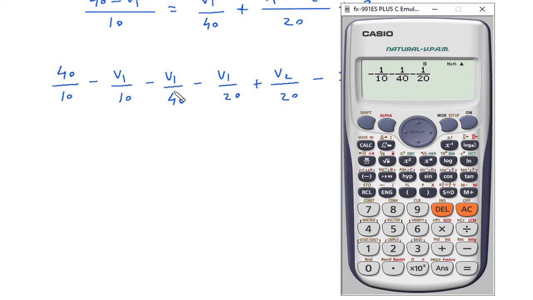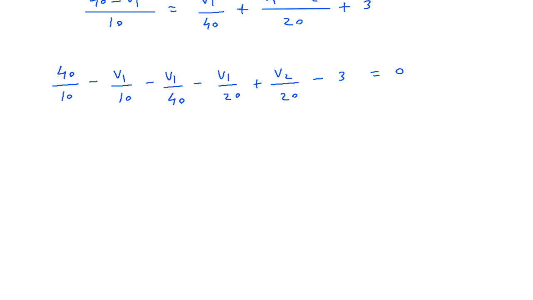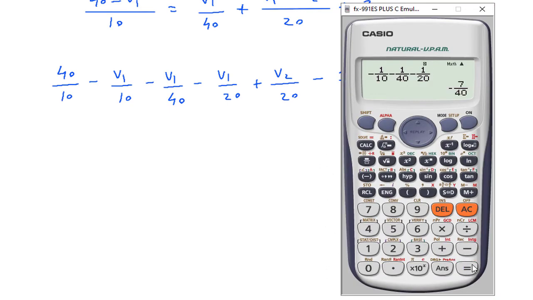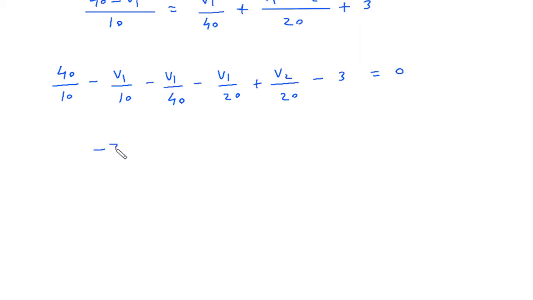Only minus 1 by 10 minus 1 by 40 minus 1 by 20, this will be minus 7 by 40. Minus 7 by 40 V1, and 4 minus 3 will be plus 1 is equal to 0.